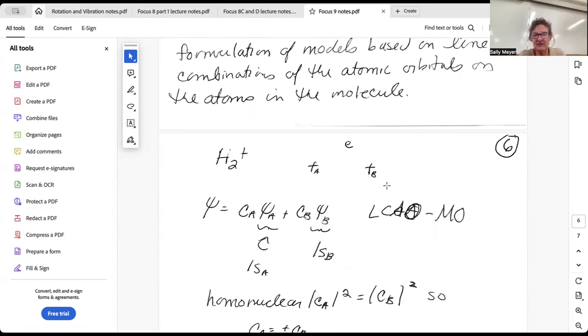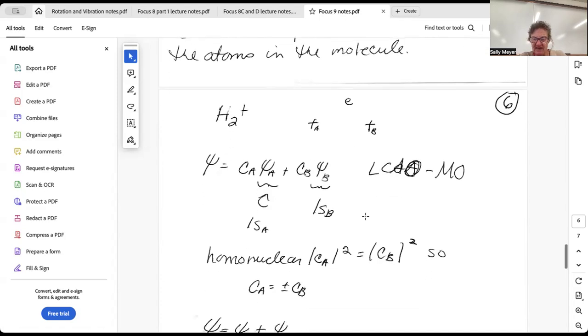So if we're looking at H2 plus, we have two protons, we'll call them A and B, and one electron. And so it's going to make sense if you need to find a function for the electron in this system. We know that a function on each of the orbitals of s shape can be added together, and that's probably the lowest energy situation.